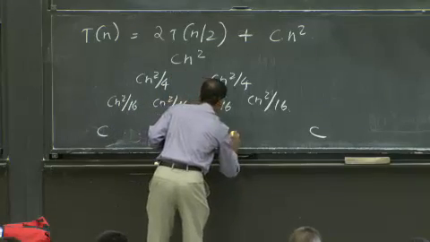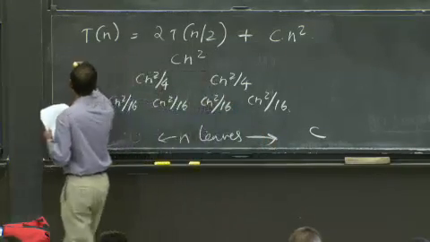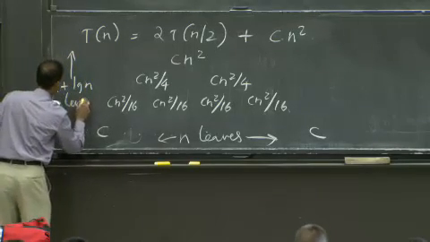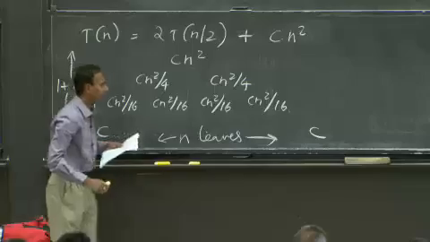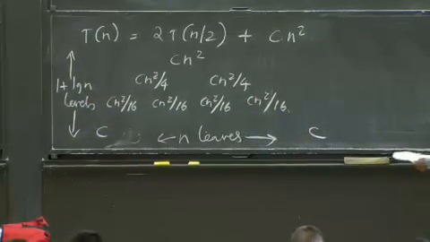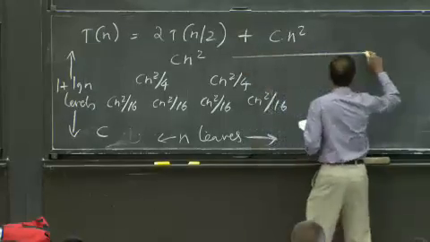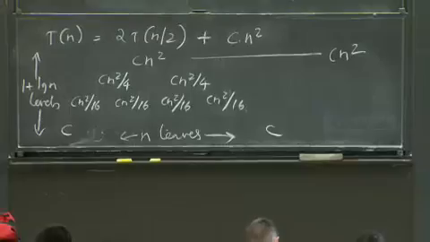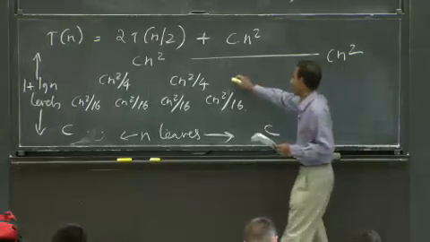And you're going to have n leaves. And you will have, as before, 1 plus log n levels. Everything is the same. Right? And this is why I like this recursion tree formulation so much, because now all I have to do is add up the work associated with each of the levels to get the solution to the recurrence.